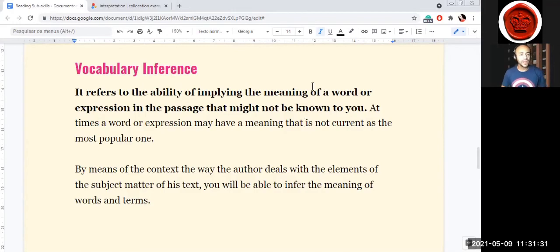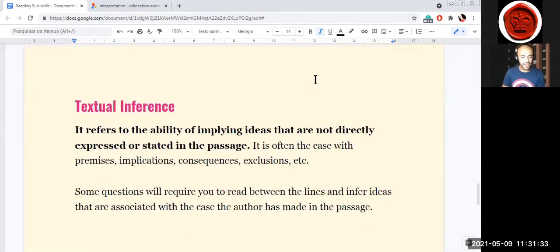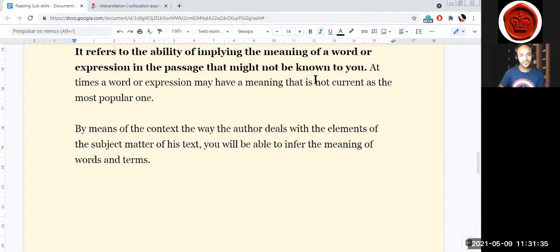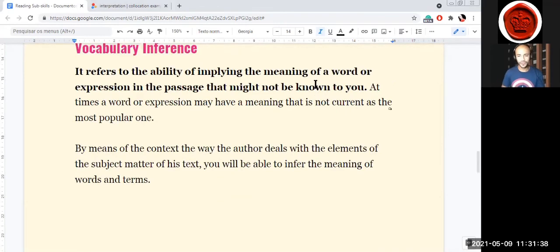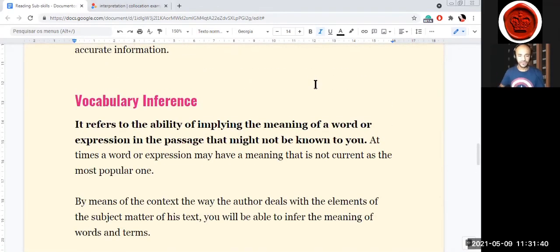So vocabulary inference and textual inference, as far as I'm concerned, are pretty much straightforward in their name and definition. Vocabulary inference refers to the ability of implying the meaning of a word or expression in the passage that might not be known to you and might not be clearly stated by the author in the text.